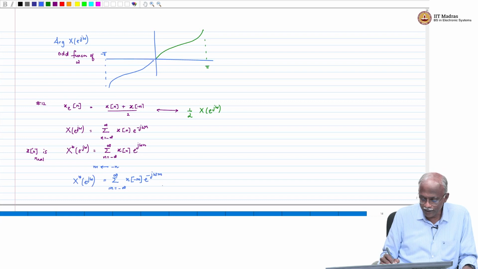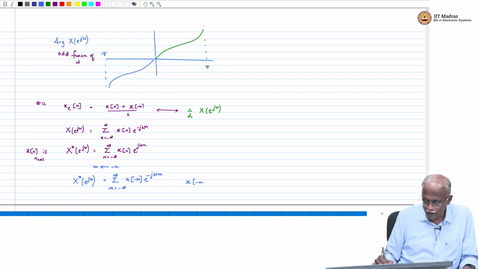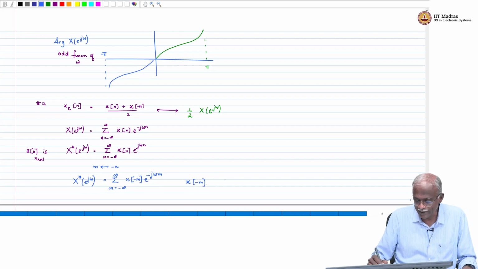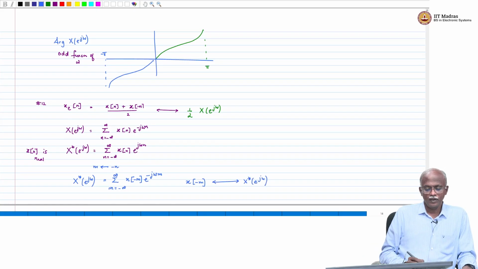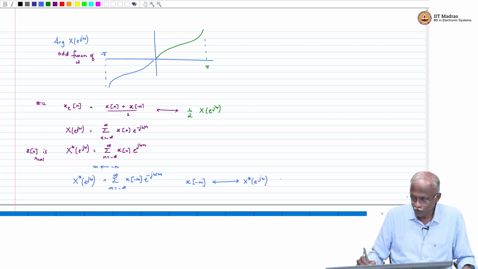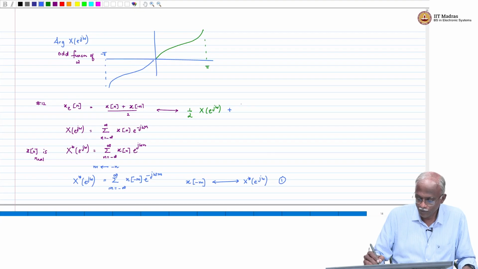We have obtained that the discrete time Fourier transform for a real valued sequence x of minus m is given by X conjugate e of jω. Okay. So use property number 1. Then what you get is X conjugate of e of jω.